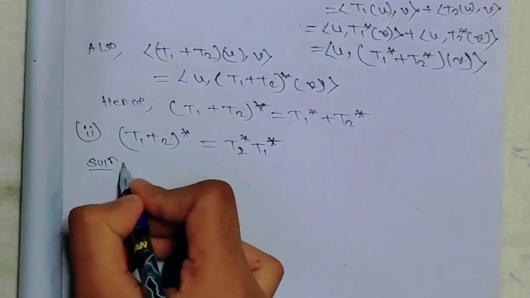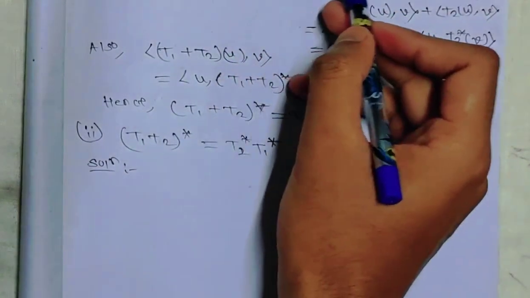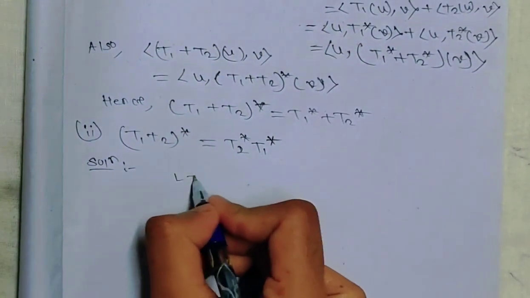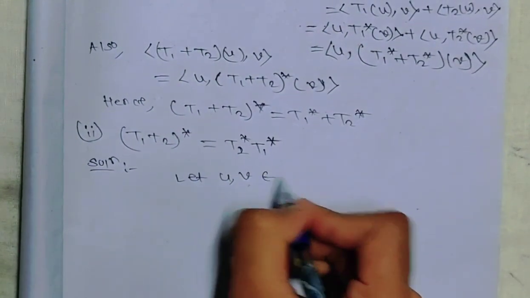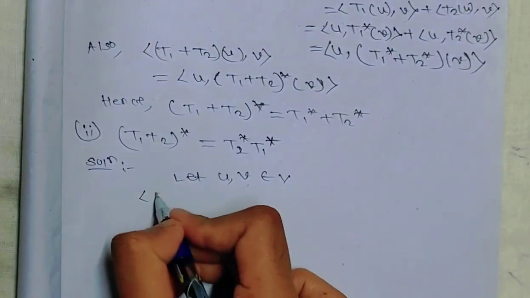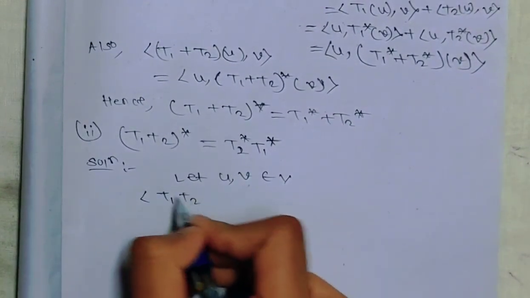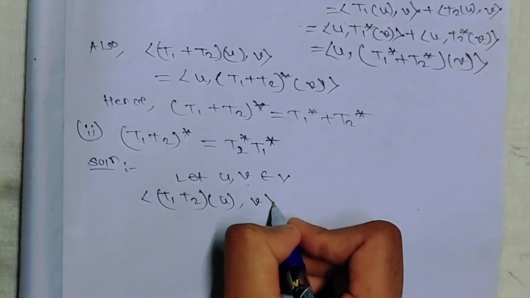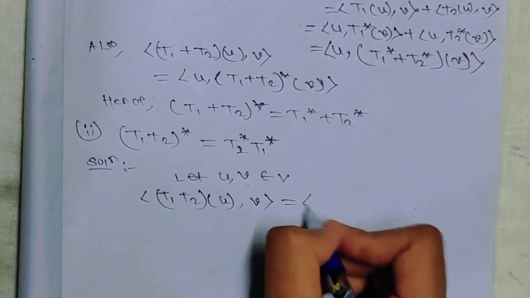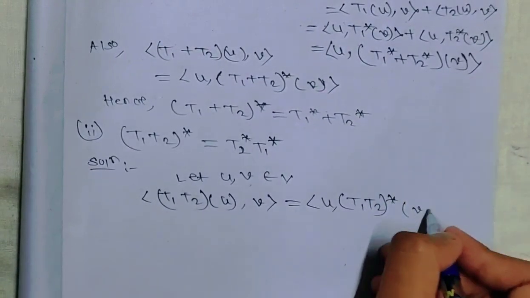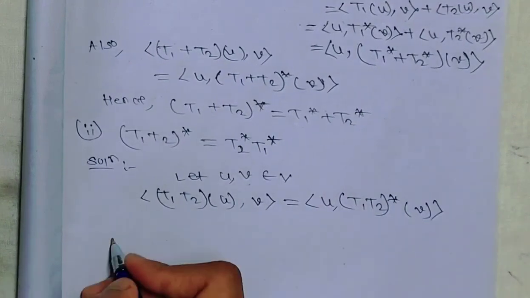Solution. We have T1, T2 are linear operators on V. Then let u, v belongs to V and inner product of T1 T2 of u, v equals u, (T1 T2) whole star of v.